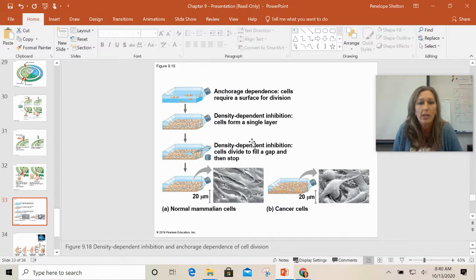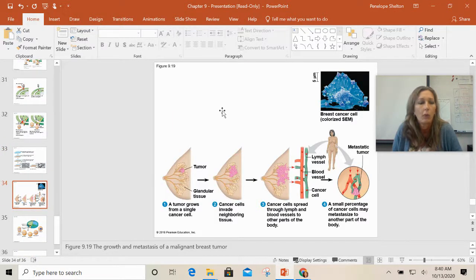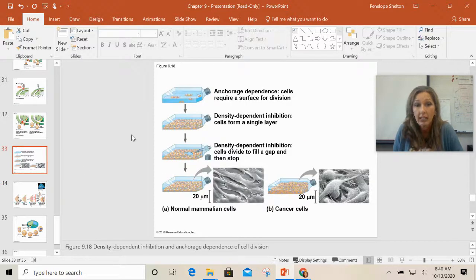Now, another type of inhibition that we should be aware of is what ends up happening when we actually have anchorage dependency inhibition. What anchorage dependency inhibition is talking about is the fact that cells have to grow under the right conditions. And the right conditions are the correct extracellular matrix in that area.